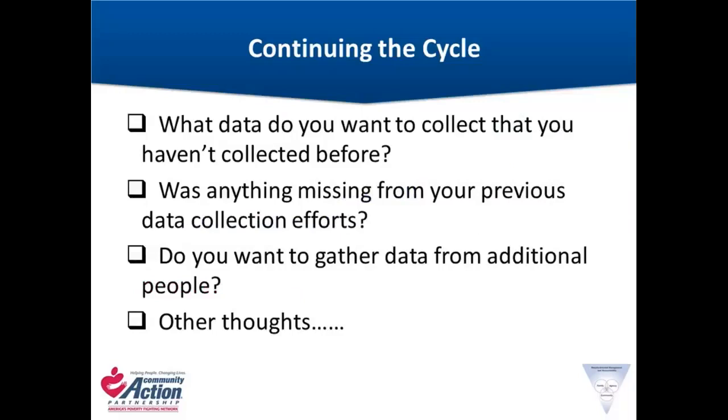What was missing from your previous assessment that you can add in now? And who do you want to gather information from? Are there different people that you want to gather information from? As you look at your data and your analysis, you will come up with other thoughts that can help you improve your needs assessment the next time around.